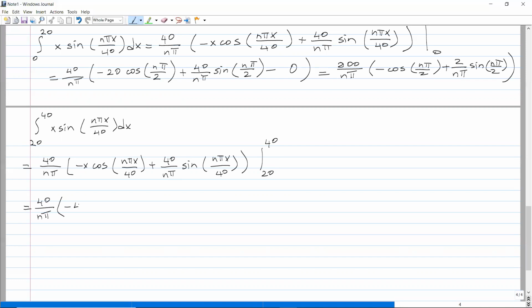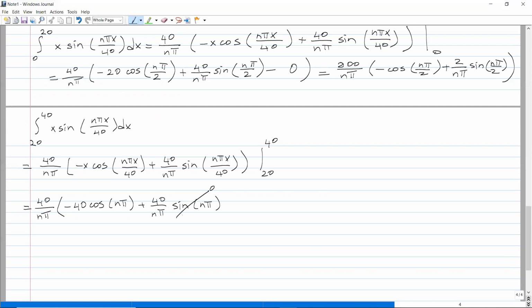So minus 40 cosine n pi plus 40 over n pi sine of n pi. One of them is going to be 0. Sine of n pi is 0, right? So at multiples of pi, sine function is always 0. Cosine n pi sometimes is 1, sometimes it's minus 1, depending on whether n is even or odd.